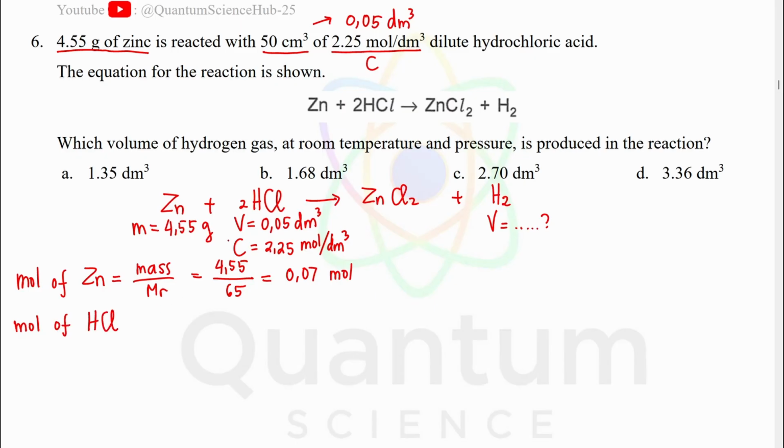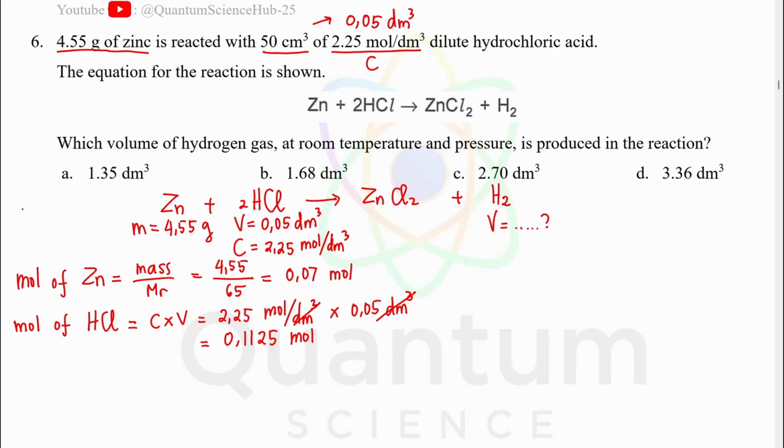So we know the volume and concentration, and the formula is CV, right? Concentration times the volume. So we have the concentration is 2.25 mole per dm cube times 0.05 dm cube. Okay, so we can cross out the dm cube and we will get the mole only. So the result here is 0.1125 mole. Okay, now this is the problem.